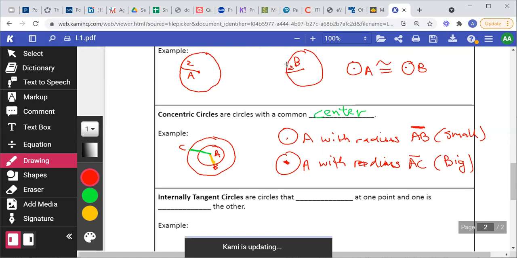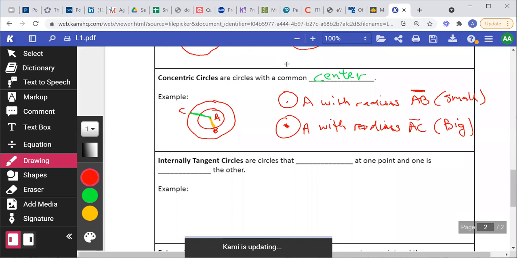And on Friday too, we talked about internally tangent circles. We said that internally tangent circles are circles that intersect at one point, and one is inside the other.